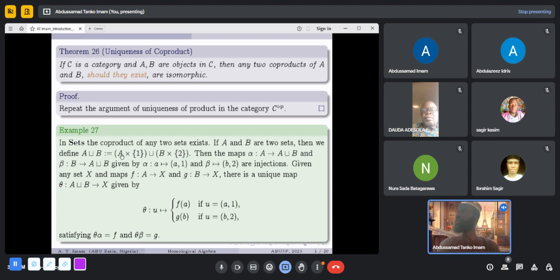That union will be the coproduct of two sets A and B in the category of sets. This is the construction. And also coproducts, if they exist in a category, are unique up to isomorphism. This proof is the same as the other one, but working in the opposite category by the principle of duality.